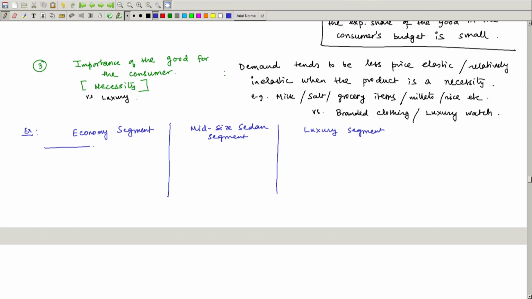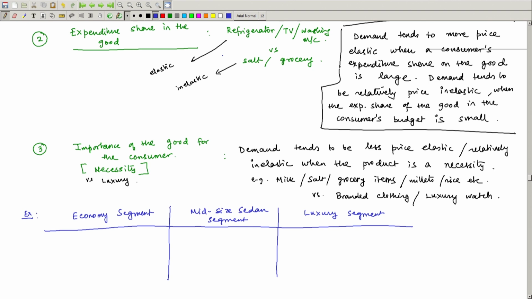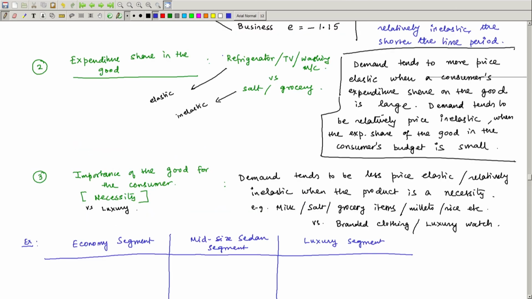So, suppose you have these 3 groups of automobiles. Now, because buying a car constitutes a large share of your budget, let us not classify it as a necessary or luxury good. It may not be a necessary good for many consumers.